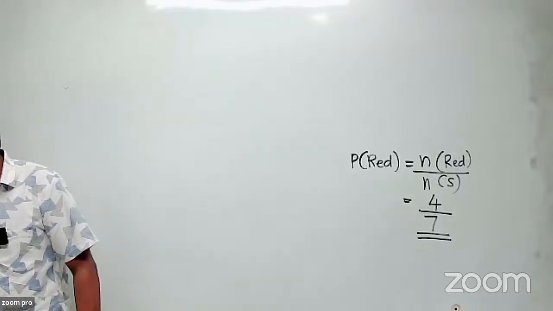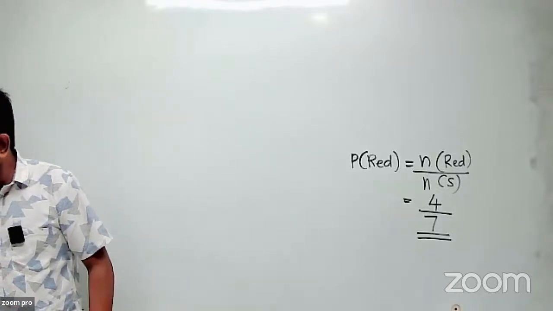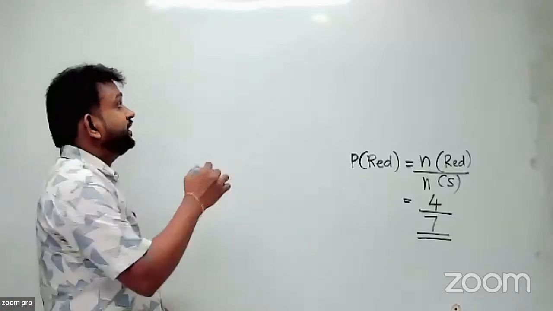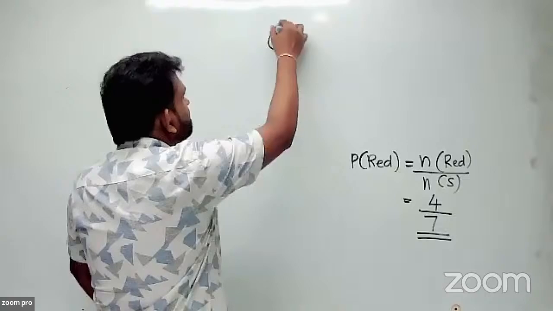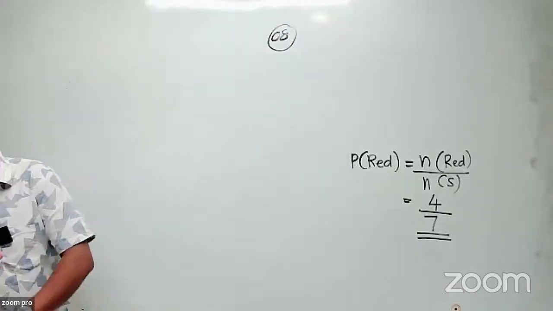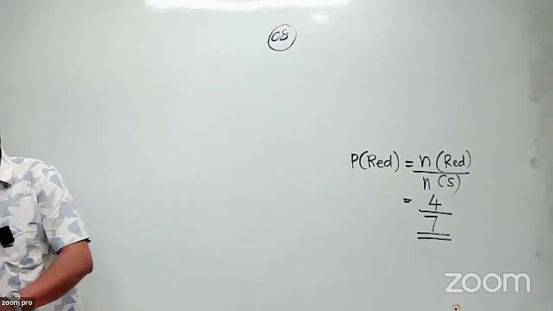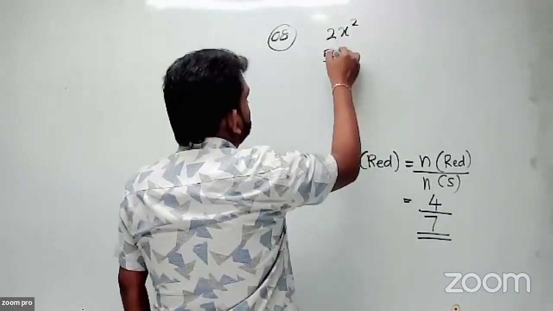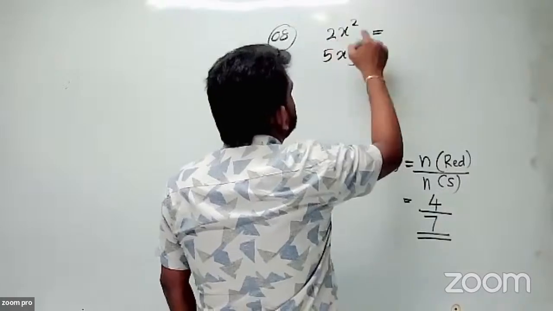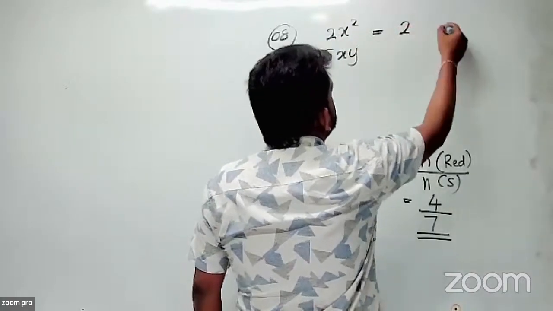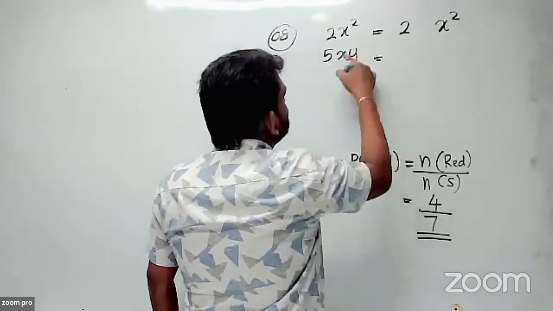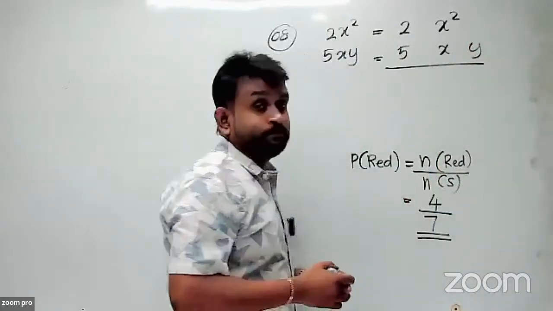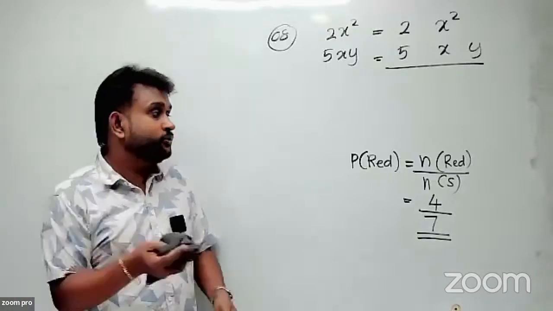Now we are moving to question 8. Find the LCM of these given numbers. I have introduced you to a very short method for finding LCM. Question number 8 says 2x squared and 5xy. As I explained, separate numeric from algebraic: 2, x squared, then 5, x and y. See 2 and 5.